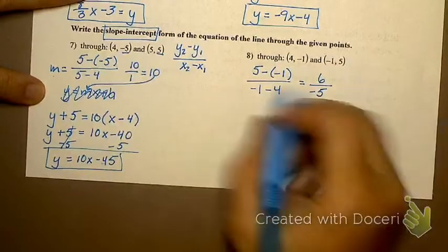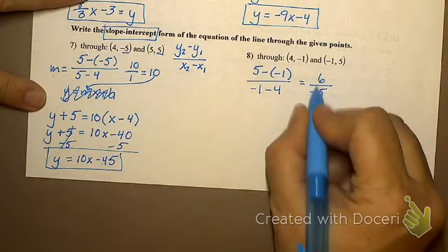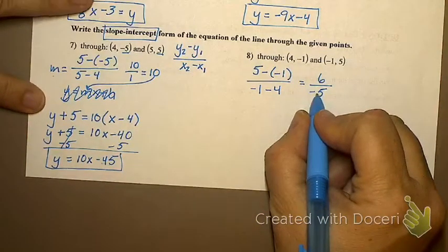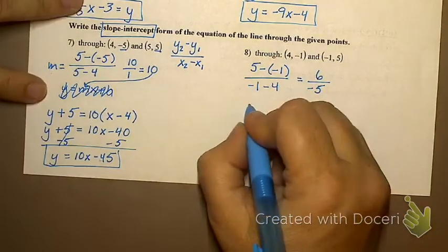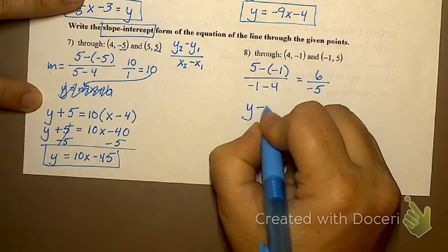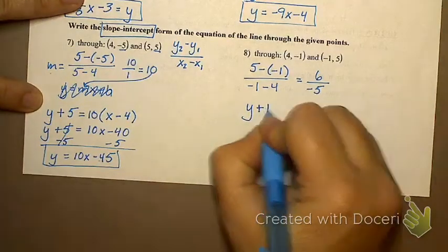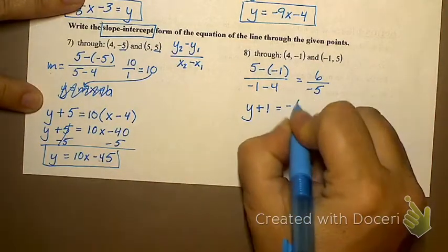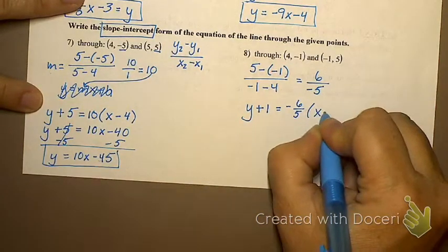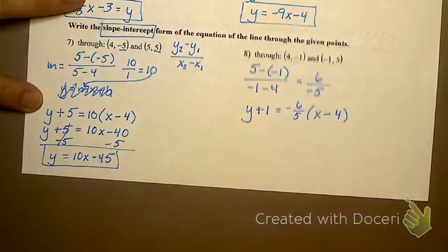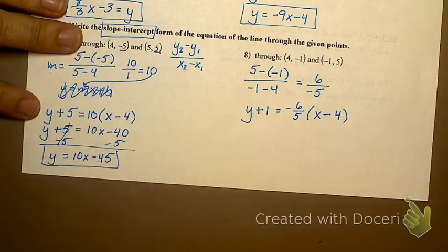Okay. Now this would be a pain to do slope-intercept form from. So let's do point slope form. Y plus 1 equals negative 6/5 times x minus 4. Yeah?